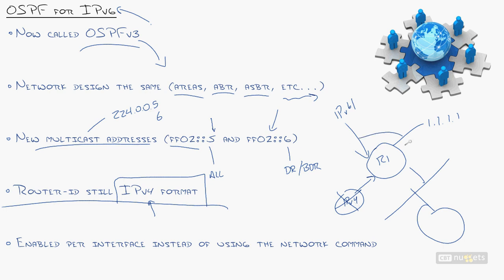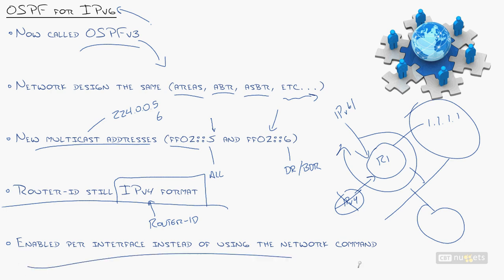It doesn't have any IP address on any interface in an IPv4 format that it can choose. In that case, and actually as a general best practice, you need to go under the OSPF process and use the router-id command. Remember that one? You go under router ospf, type in router-id, and then whatever you want the router ID to be, 1.1.1.1. That hard codes it, and now it has a router ID to start up.